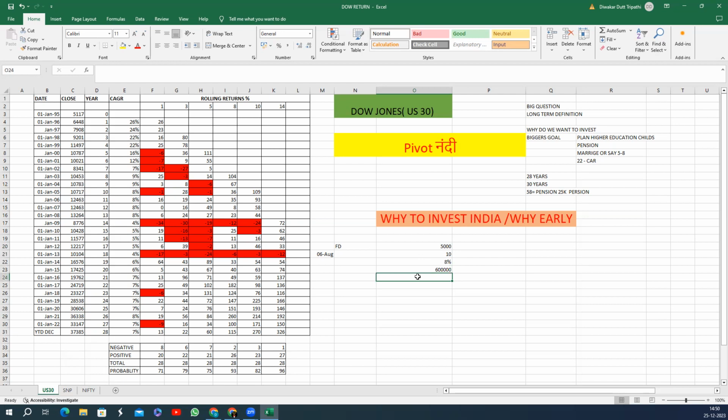And now what will be the value after the 10 years at 8%? That is what I want to share with you all. If somebody is investing 5,000 rupees for 10 years at an 8% return.